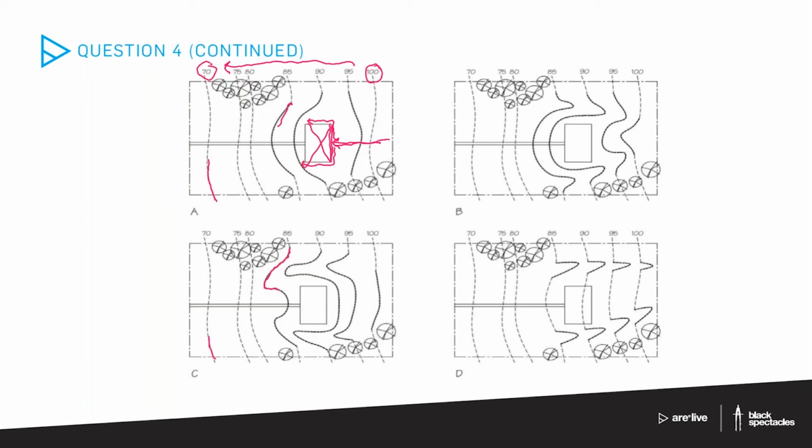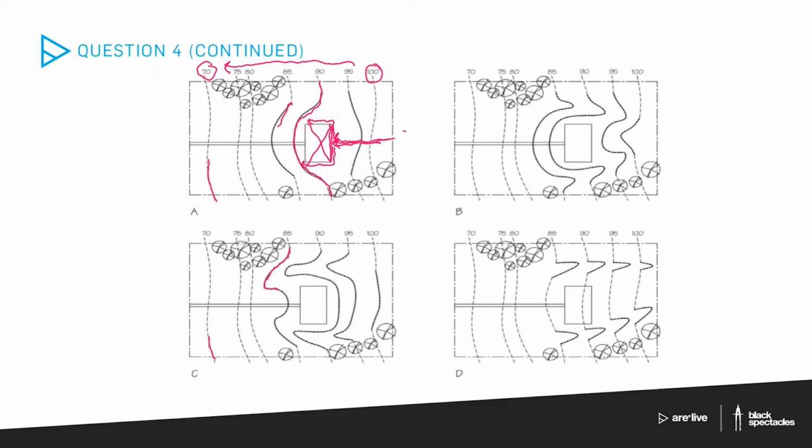Choice A, they've definitely got a building pad that's going around this building. They've created a relatively flat area between 90 and 95 feet. And that's kind of good, but one of the issues with this is that the water, which I drew here before for what would happen on an undisturbed site, is still going to do the same thing.